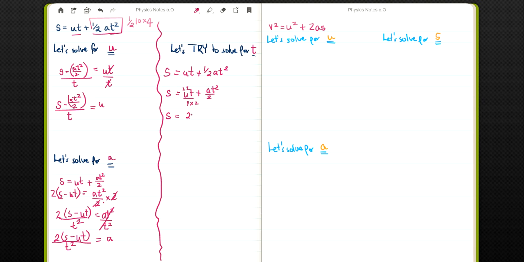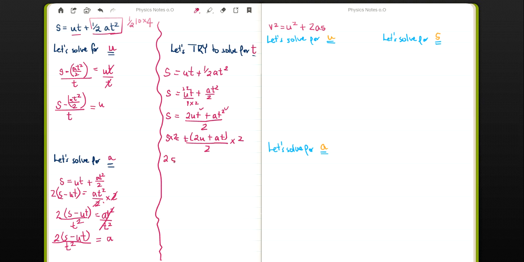So you have 2ut plus at squared all over 2. And since we want t now, we could say, oh, you have a t here and a t here, cool. So we're going to take it out and put t out here. So t times 2u plus at over 2.